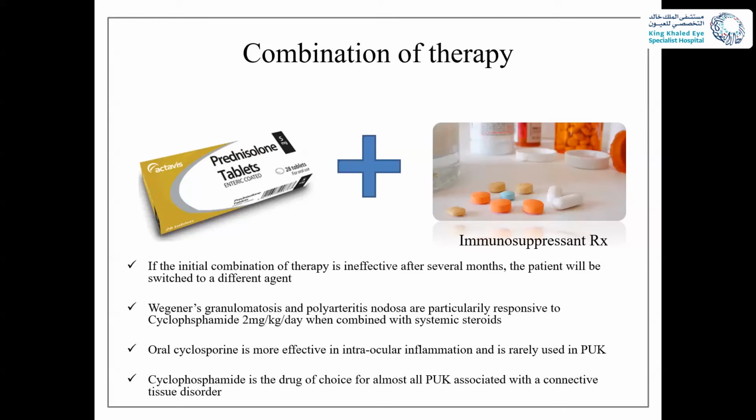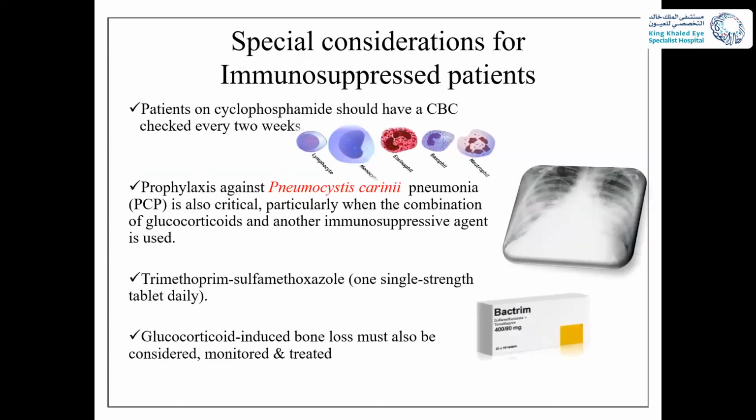For instance, Wegener granulomatosis and polyarteritis nodosa are particularly responsive to cyclophosphamide when it's combined with systemic steroids. Oral cyclosporin, for example, is not effective in treating cases of PUK. It's more effective in treating intraocular inflammation instead. So cyclophosphamide is a drug of choice for almost all PUK associated with connective tissue disorders.